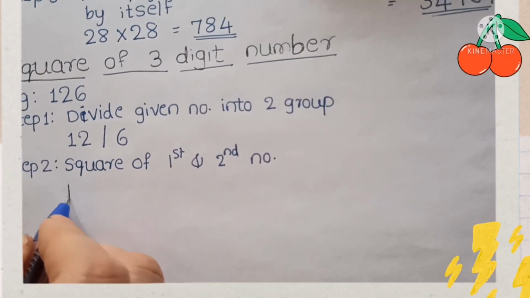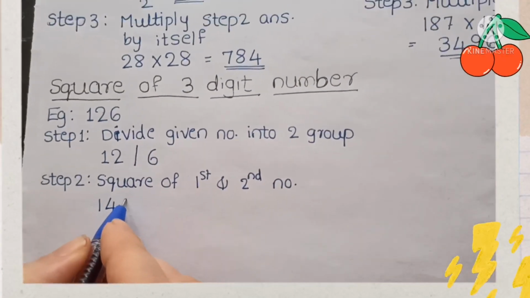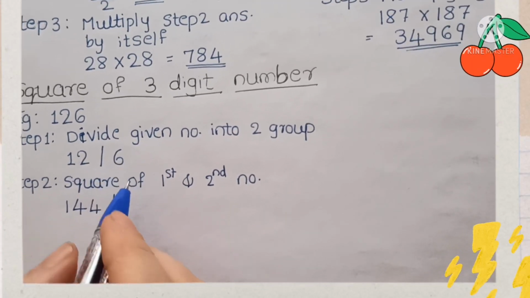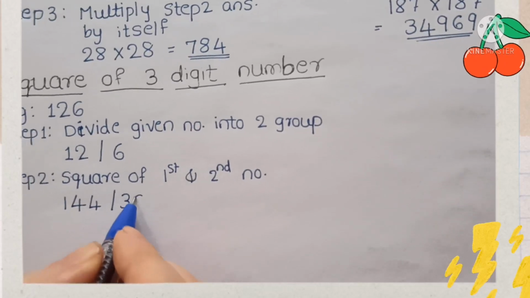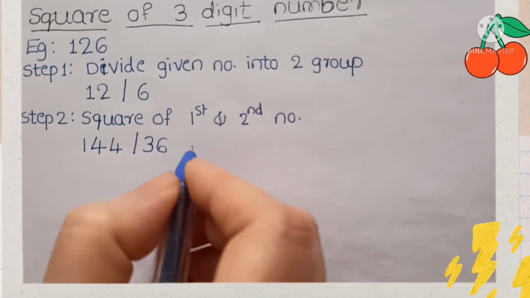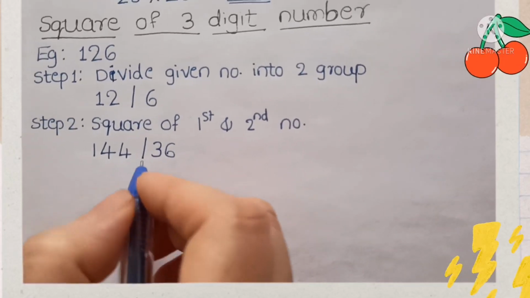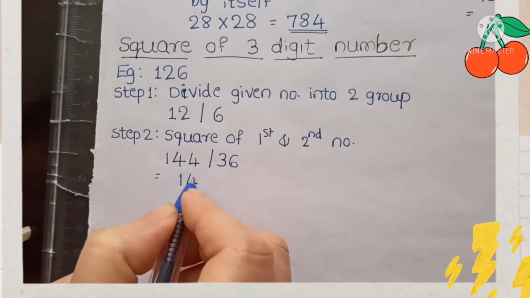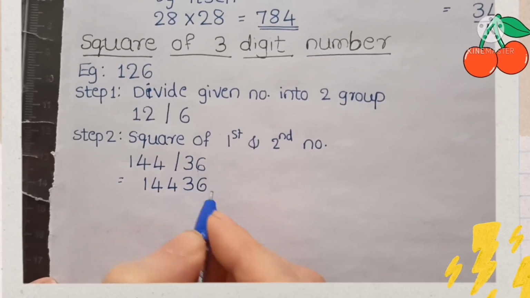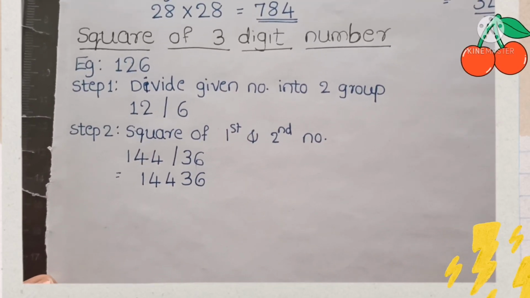So the square of 12 is 144, and the square of 6 is 36, so we will write 144 then slash and 36. Then we will merge both numbers and write it in common.